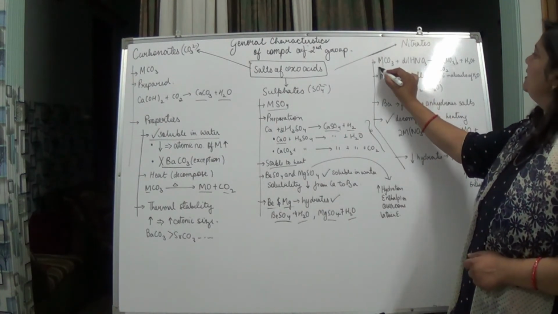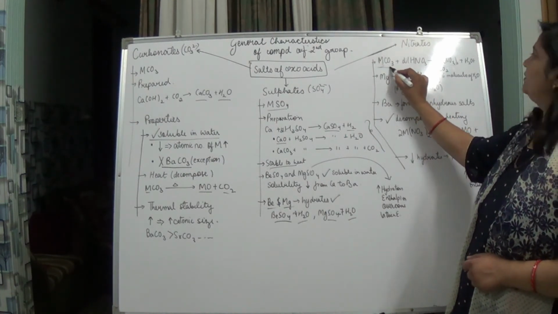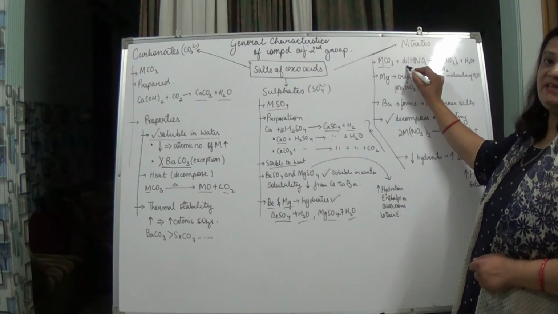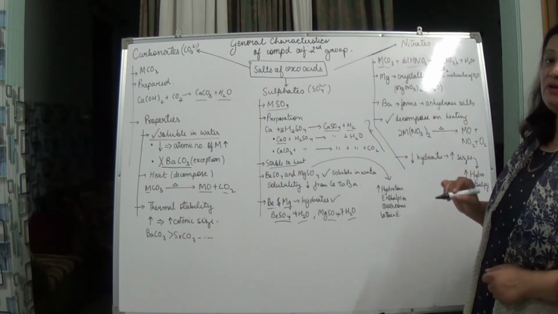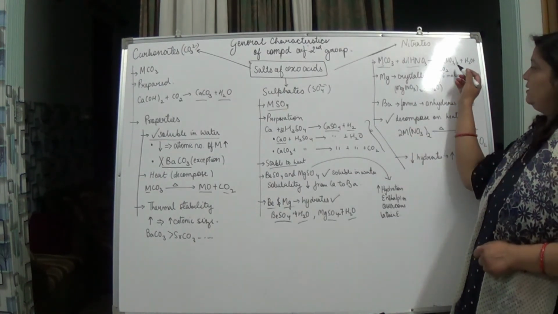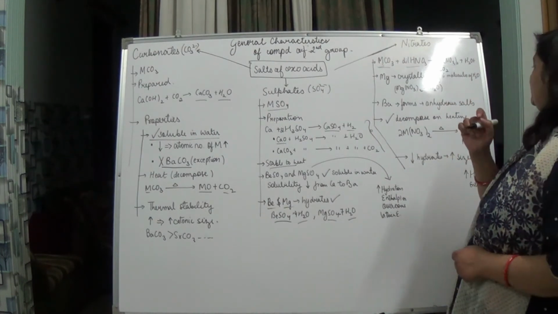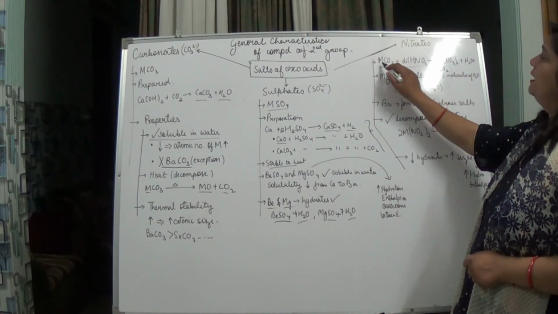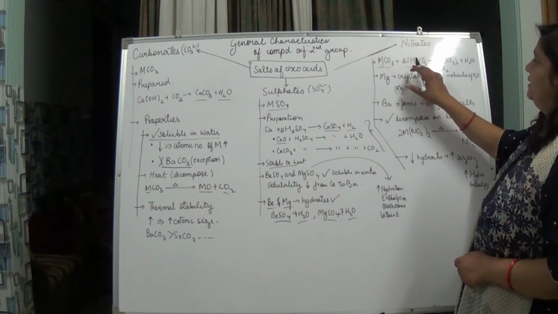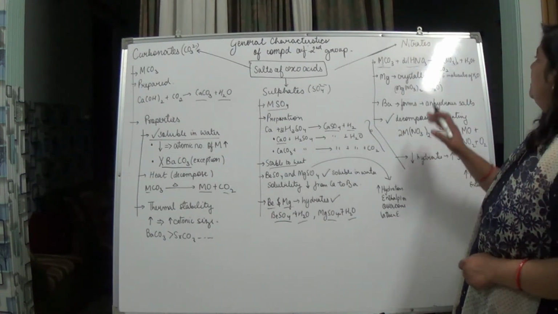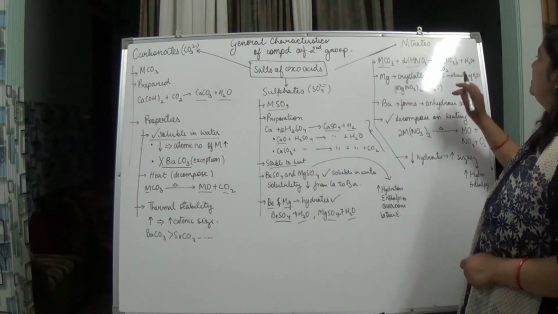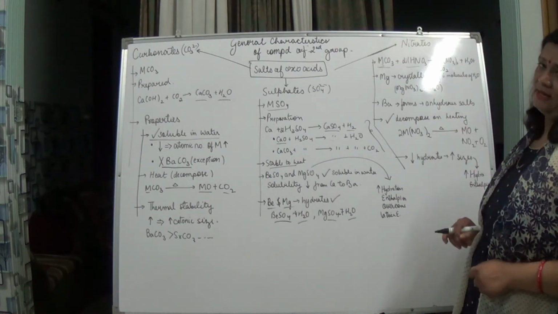We will be taking alkaline earth metal carbonates, and we will be adding dilute HNO3 to it. Naturally, we are getting the nitrate of the corresponding alkaline earth metal. If we have taken magnesium carbonate and reacted it with dilute nitric acid, we will get magnesium nitrate plus water plus carbon dioxide.